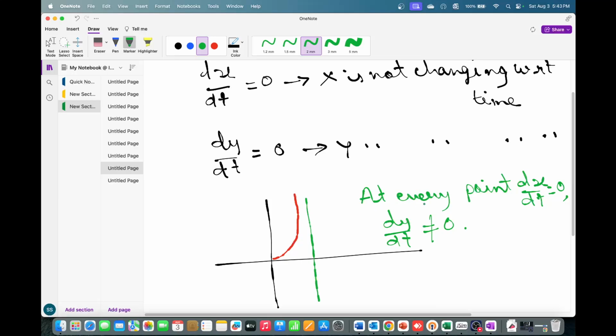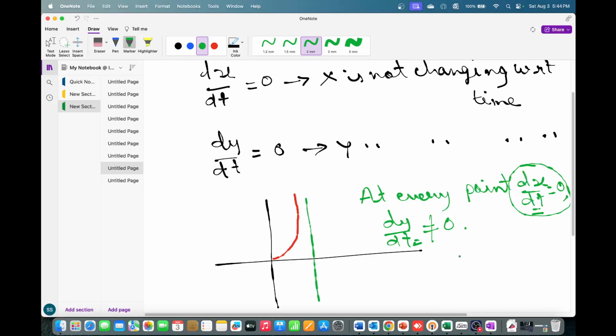So when your x is in a stable state, your y cannot be in a stable state, or vice versa. Basically your system will never be in a steady state, because x and y will never both be constant. Either your x will be changing or your y will be changing. So your system does not have a steady state.